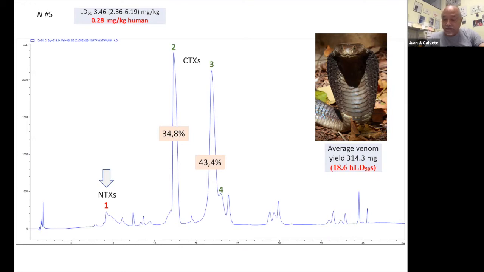Here we found the same species, but it's a geographic variant of the venom. It's a venom that does not contain almost any neurotoxins. We have exactly the same chemical cytotoxins in these proportions.